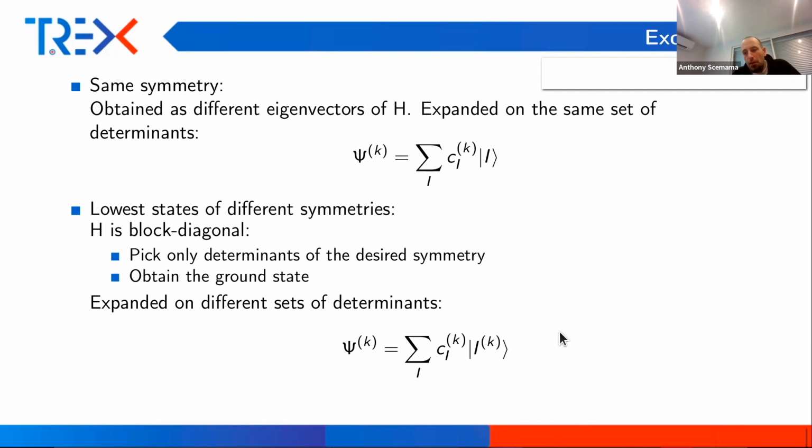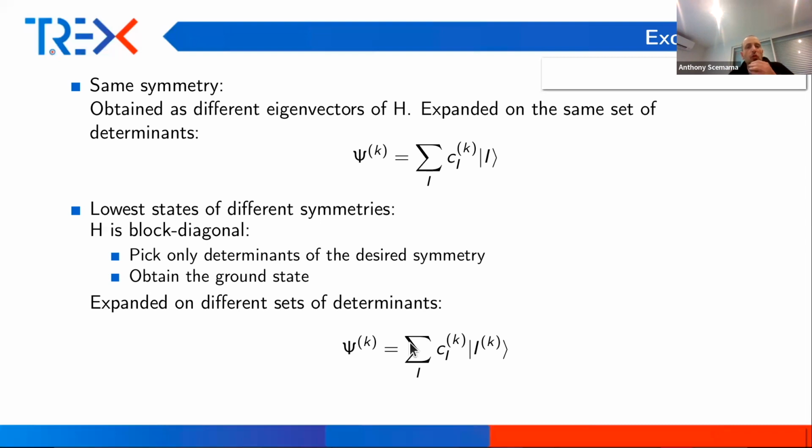You could have the lowest state of A1 symmetry, and also the lowest state of B1 symmetry, and the lowest within each symmetry is usually easy to obtain, because it's the lowest state of a submatrix of the Hamiltonian.